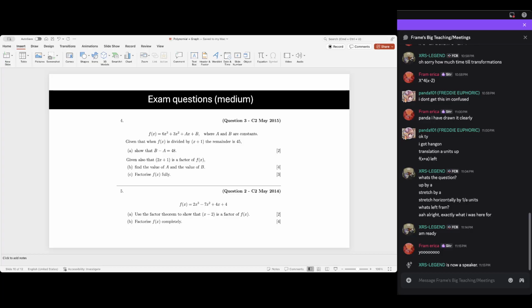Let's just do the transformation questions, if possible. This is the only other exam questions that we have. Okay. Because it's not just about the graph and transformation, also about the polynomials which Panda wanted, but it isn't.